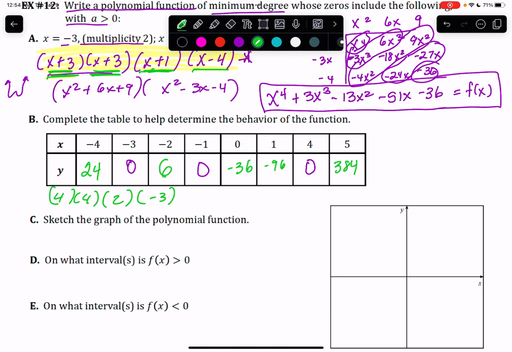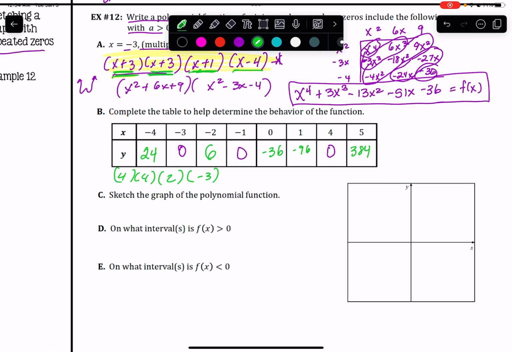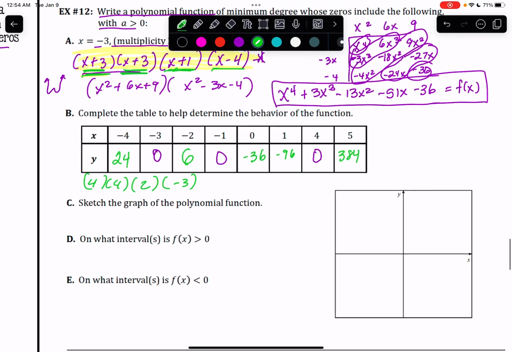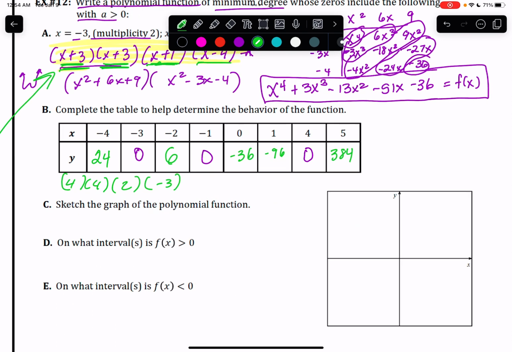Okay. So now it says, sketch the graph of the polynomial. This is really important. What we're going to do is put our zeros on the graph, and then use what we know about multiplicity and the shape of the graph to graph this.